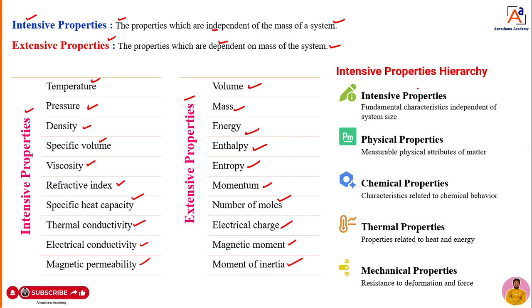Okay, so dear students, we now understand what intensive and extensive properties are. As I told you, a system is not restricted to only intensive and extensive properties, but other properties are also there for that particular thermodynamic system. Those properties we can list as physical properties, chemical properties, thermal properties, and mechanical properties.